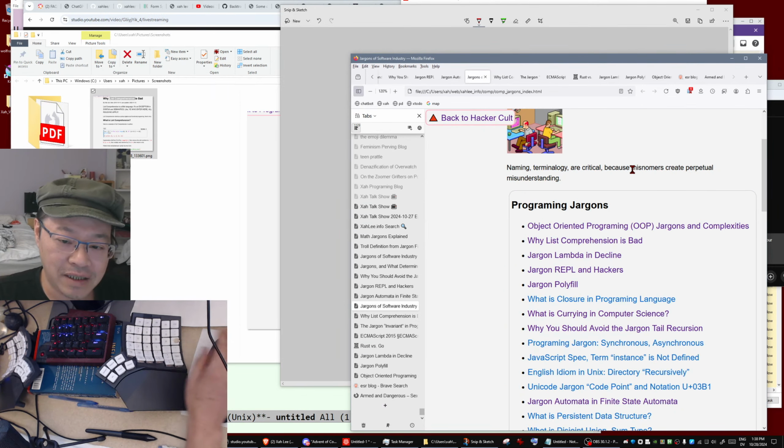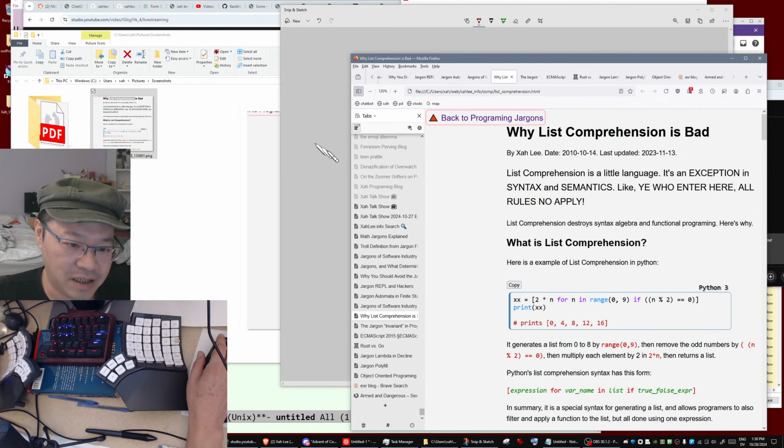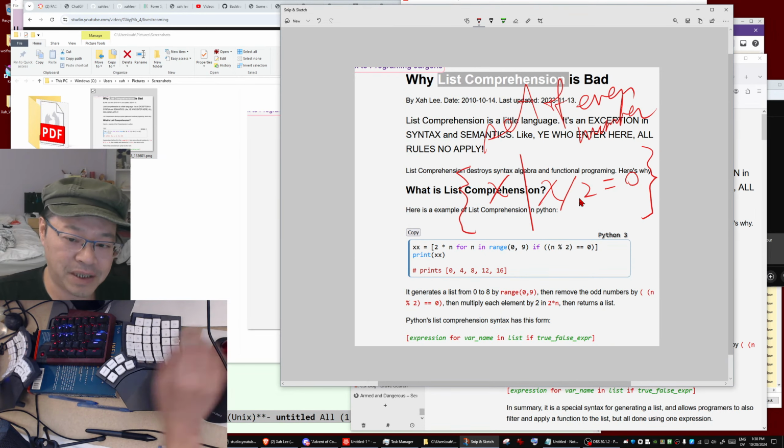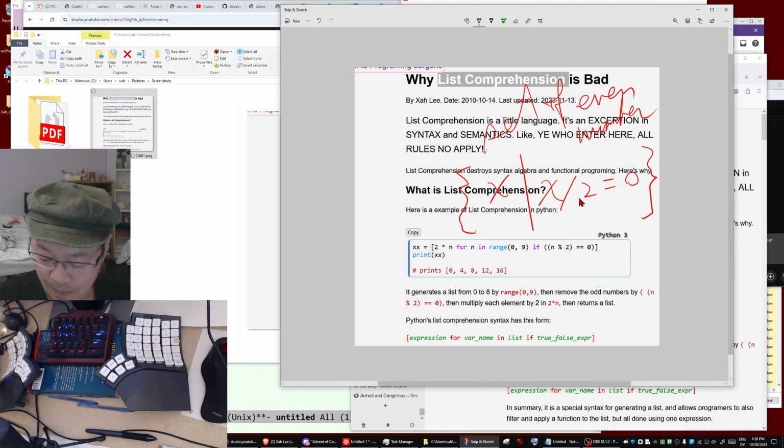But why is this set notation bad? That's another topic, about constructive mathematics. It has to do with the foundation of mathematics, or the philosophy of mathematics.